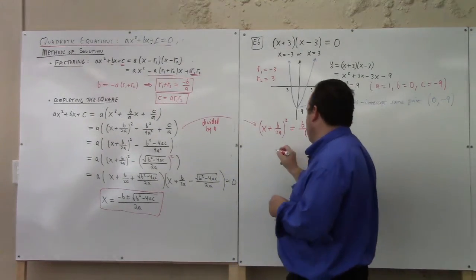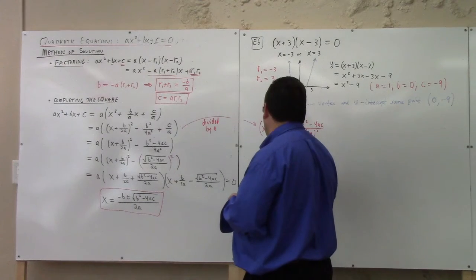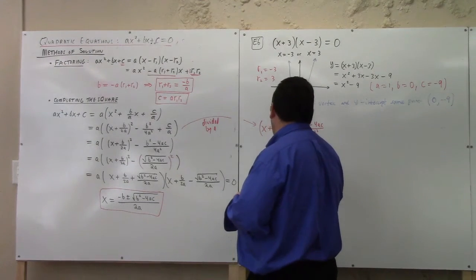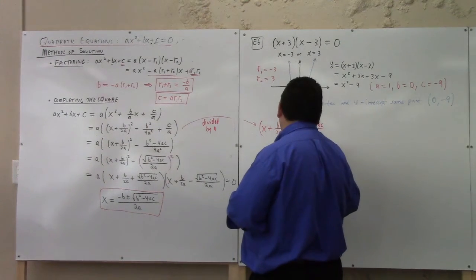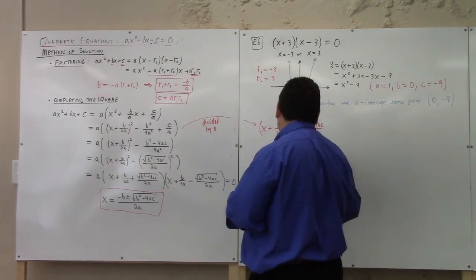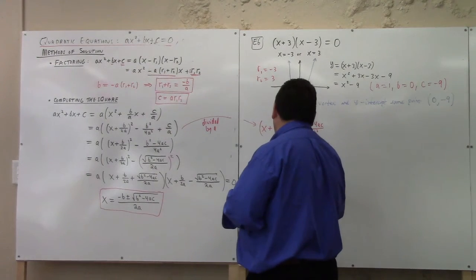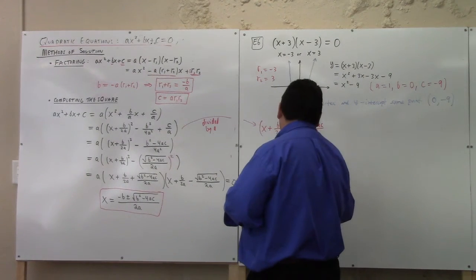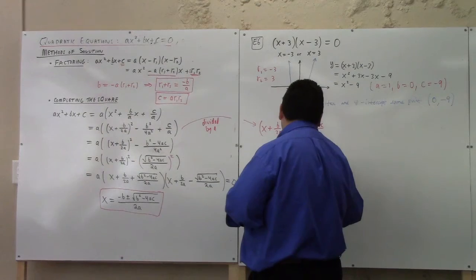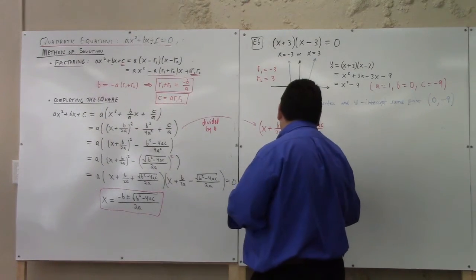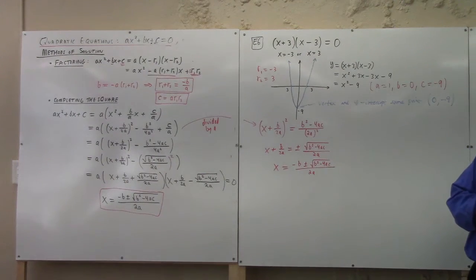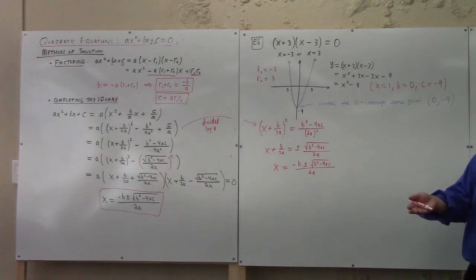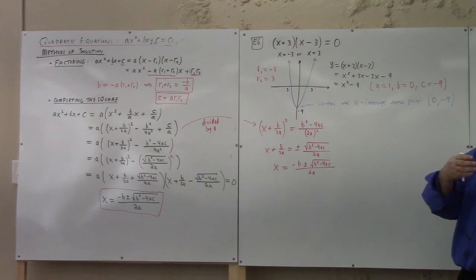And then that gives us x plus b over 2a equals plus or minus the square root of b squared minus 4ac over 2a. So that's the mechanics we did today in the examples, the path we followed in class. That's the method: isolate the square and take the square root of both sides for plus or minus, right?